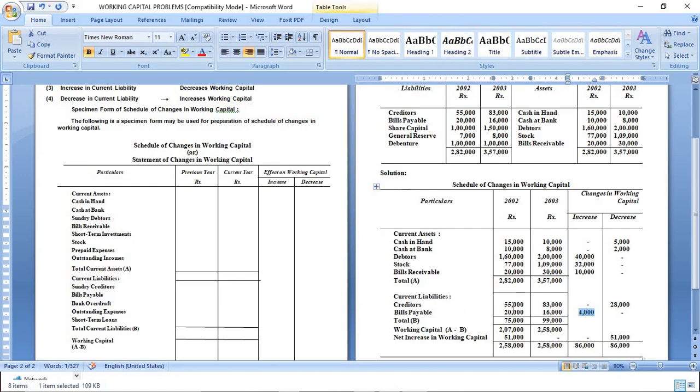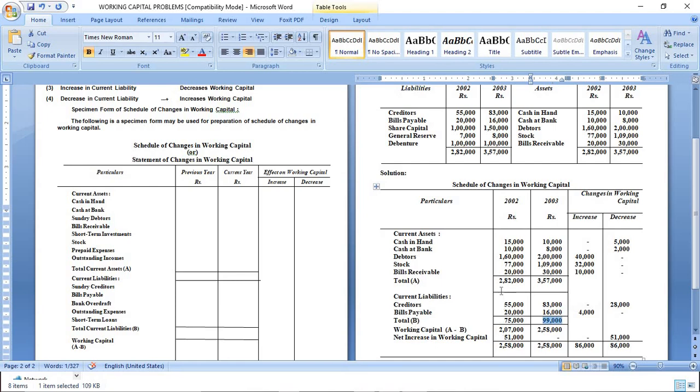Now we total this: 55,000 plus 20,000 is 75,000. Then 83,000 plus 16,000 gives us the final 99,000. Now we calculate the working capital. What is the formula? A minus B, that is current assets minus current liabilities.